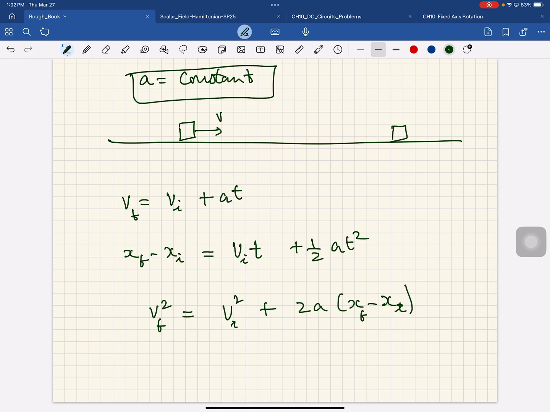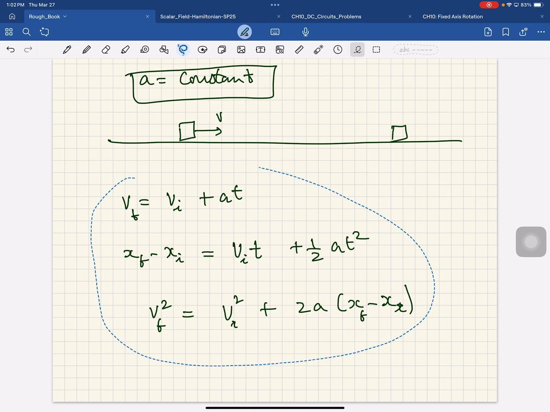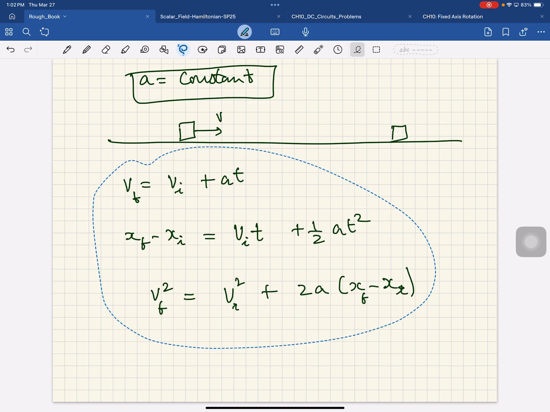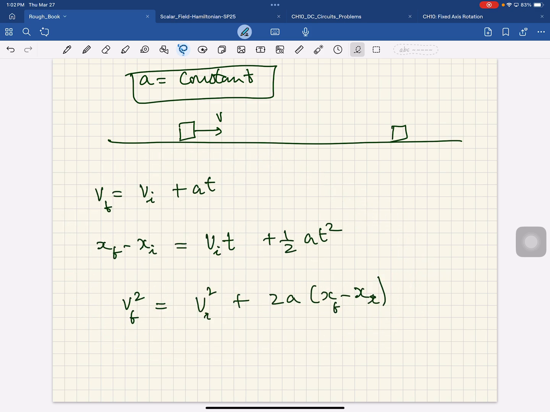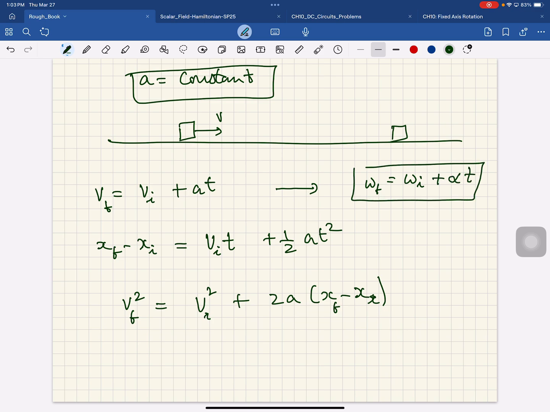We won't derive it, but we'll show it to you. We'll have the exact same corresponding equations. The corresponding equation will be omega final equal to omega initial plus alpha times t, for constant angular acceleration.